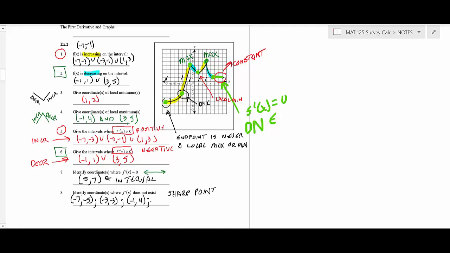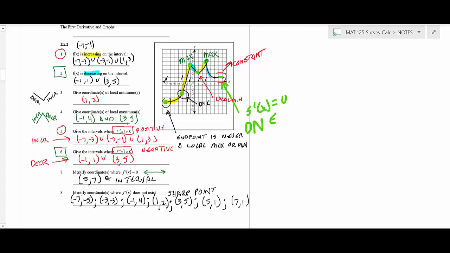That's a sharp point. 1, 2. We would also have 3, 5. And last but not least, I can't tell very well on here. I think that's 5, 1. And then finally at that end point, 7, 1.